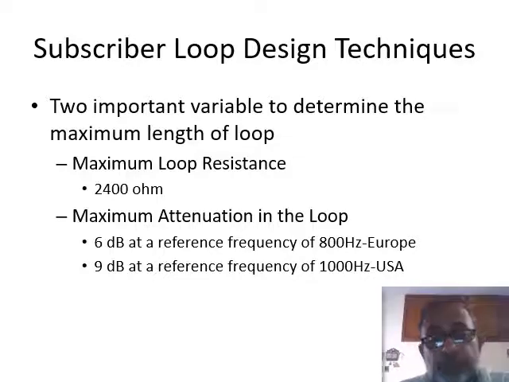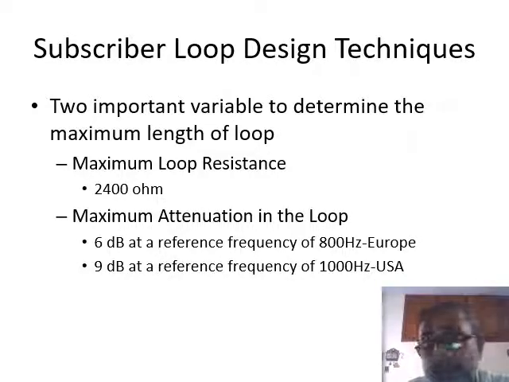Two important variables to determine, basically, as I've told, we need to see how our signal can go to the farthest end. There are two things that restrict our signal from going to the farthest ends. Number one, the maximum loop resistance.